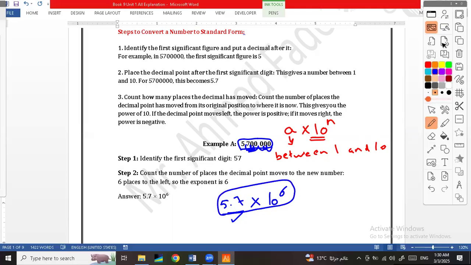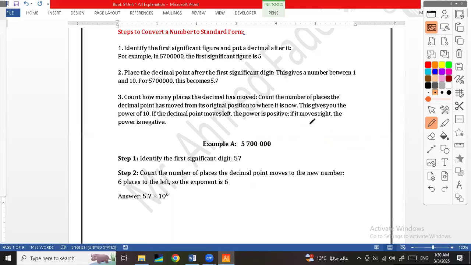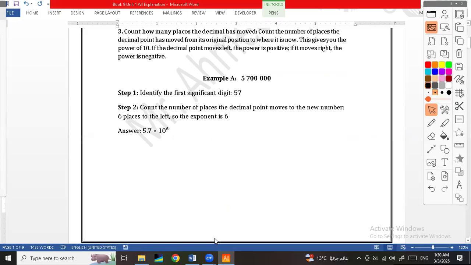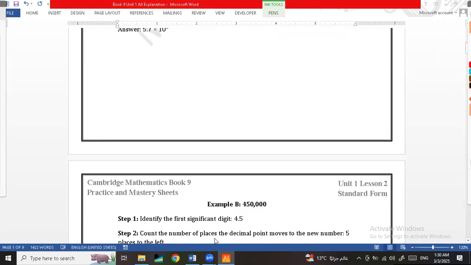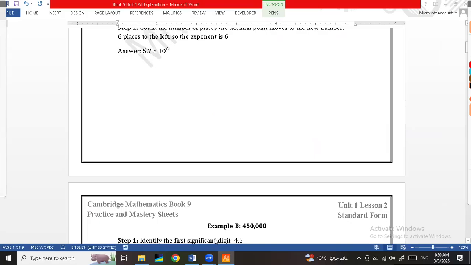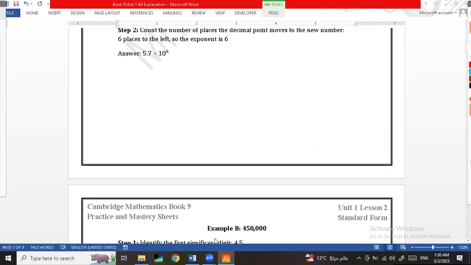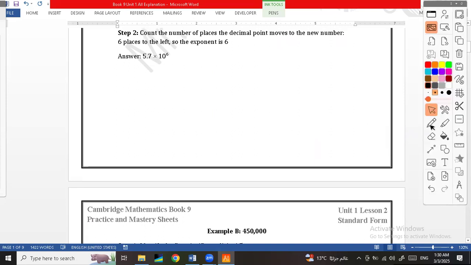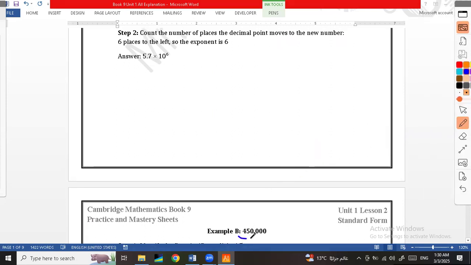All right, let's move to the next example. 450,000. I need to write it in the standard form, just like the first one.